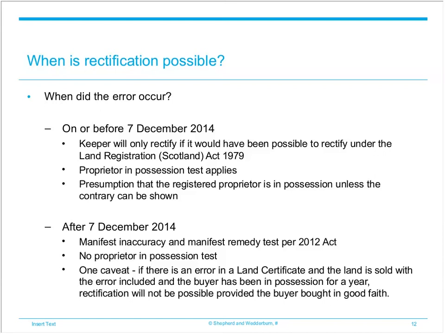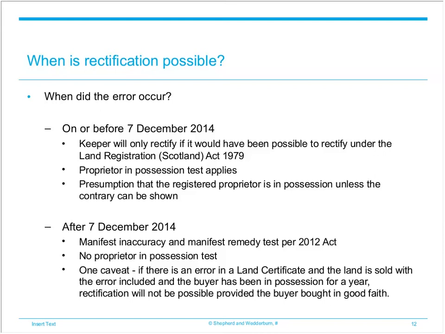There's one caveat to this, and that is if there's an error in the land certificate or the title, and the land is sold with that error included, and the buyer was in good faith and has been in possession for a year, rectification isn't possible, and that's really just because the keeper wants there still to be some reliance on the land register.